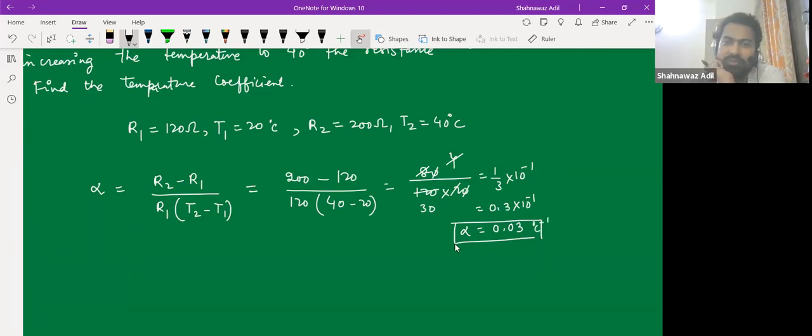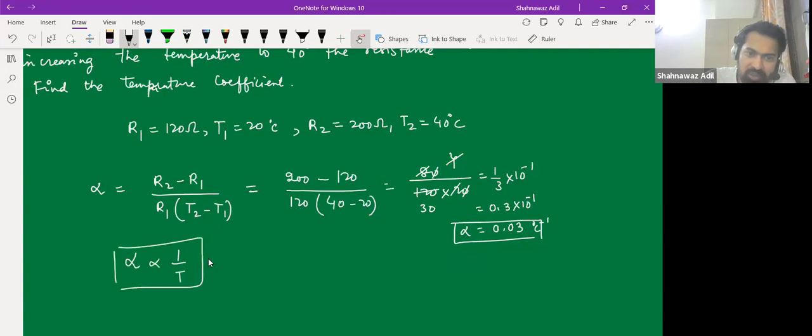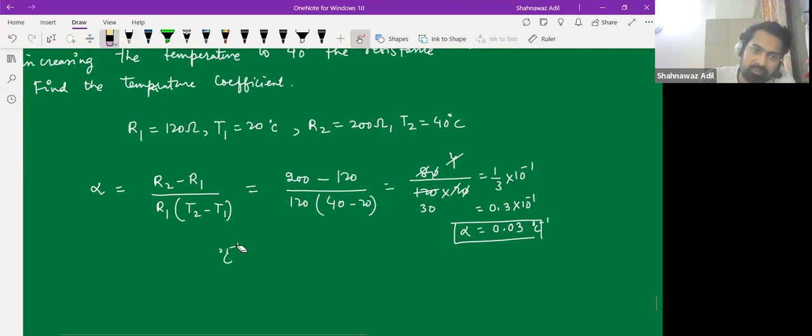The dimension of alpha would be 1 by T, which means degree C inverse. Did you note down this part?